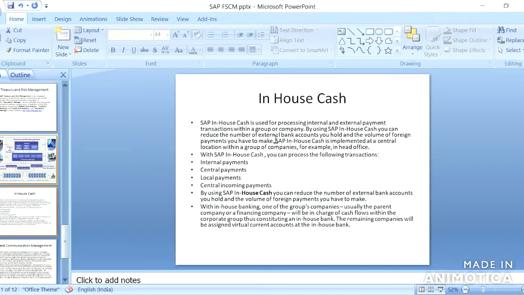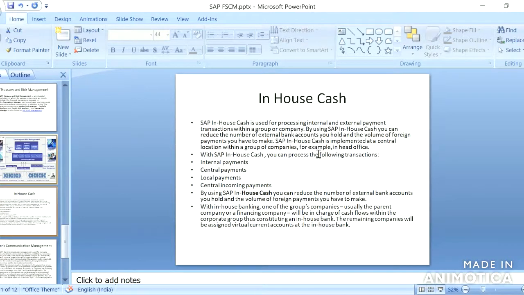So it is explaining that whatever external accounts and whatever volume of foreign payment transactions you have to make, you can reduce the number. How can we reduce the number?